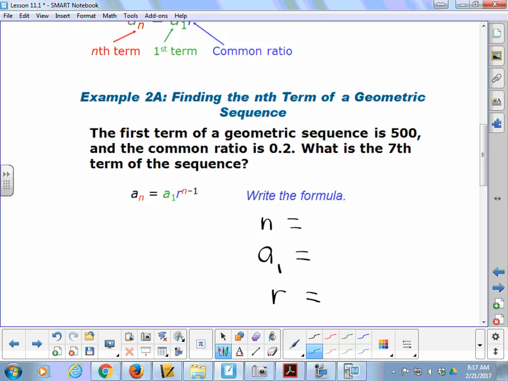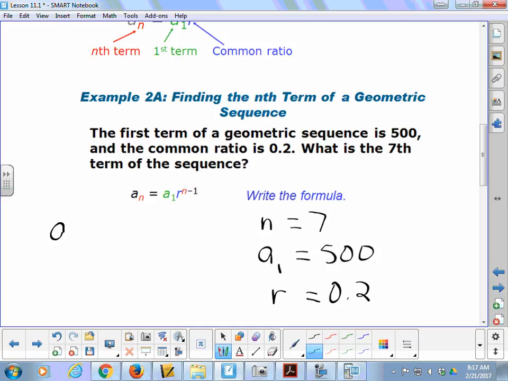Here they tell me the first term of the sequence is 500, so there's my a sub 1. The common ratio is 0.2, so there's r. And they want us to find the seventh term, so there's n. Then all I have to do is plug those numbers into the formula to find the seventh term.